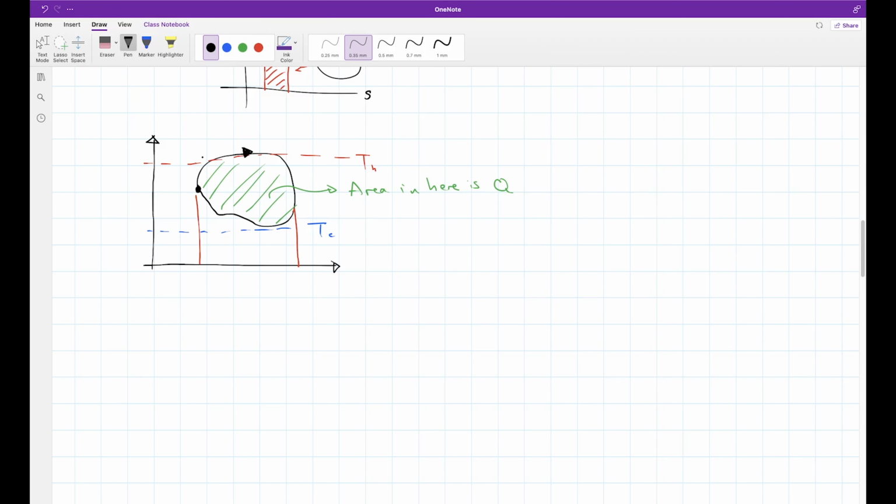So that means it's everywhere between these points that I'll mark A and B. So just to clarify again, eta is equal to the green area divided by the green plus the red area.